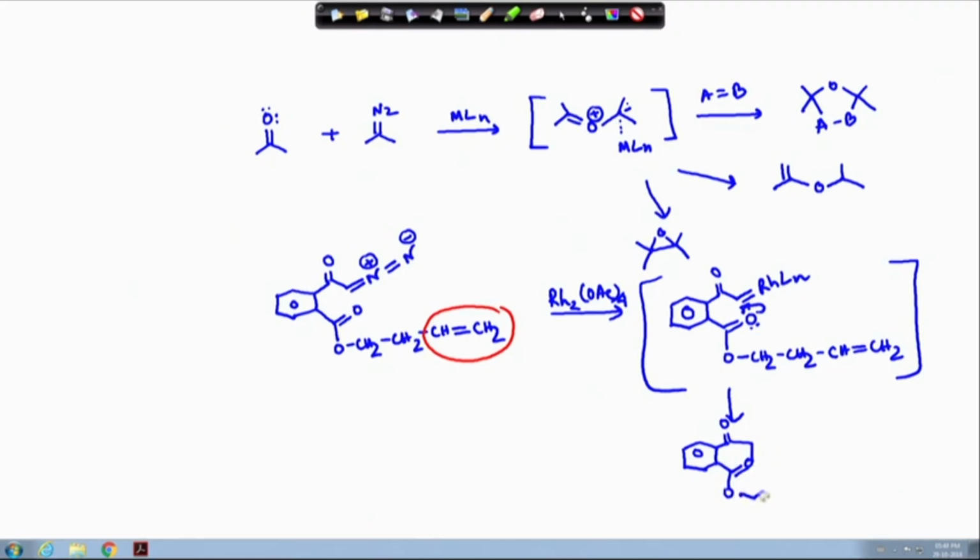Write it in this way: this is the negative, here it is positive. Now, you see this is nicely placed for a 3+2 cycloaddition. This ylide is there and this olefin is there. So, it can go through this 1,3-dipolar cycloaddition to give this fused product.